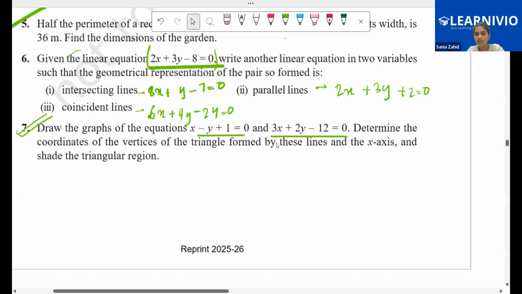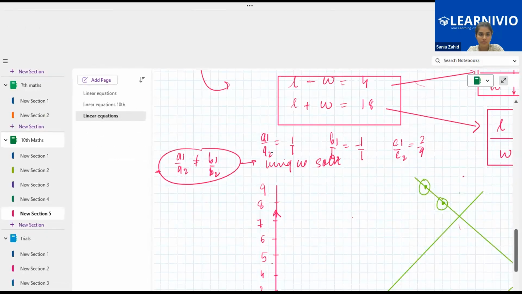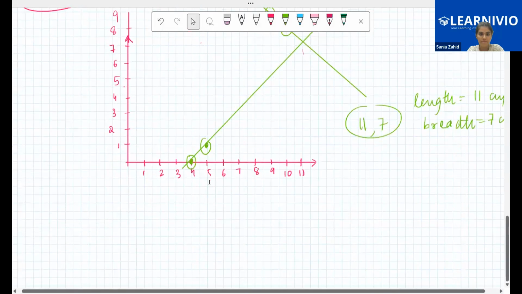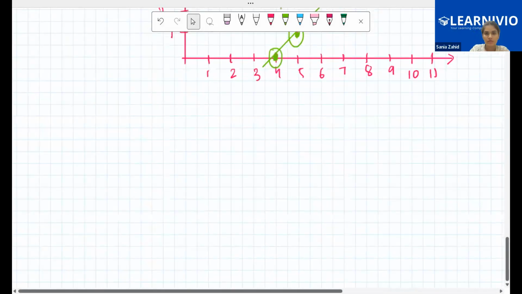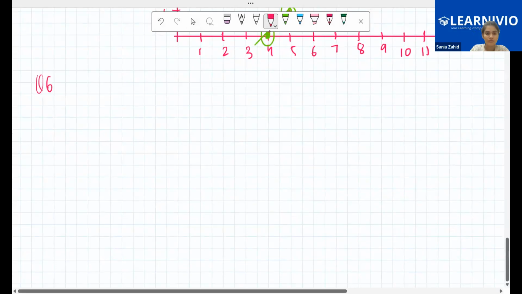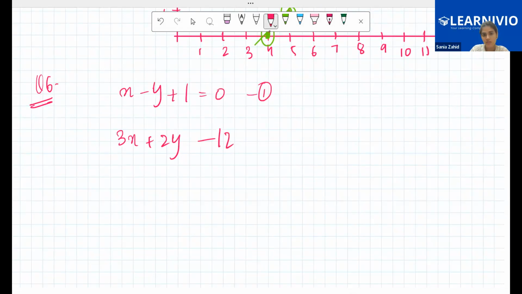All right. So let's discuss the question. The equations are x minus y plus 3 is 0 for the first equation, and the second one is 3x plus 2y minus 12 is 0.